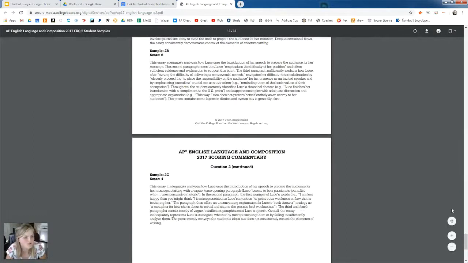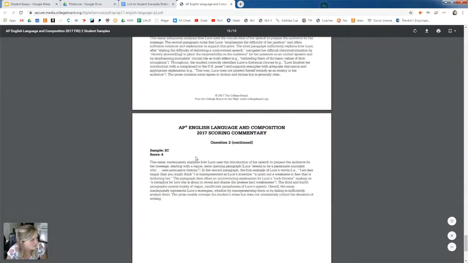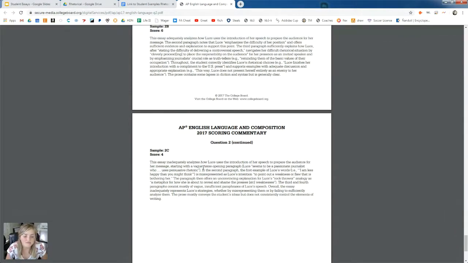So for those of you not familiar with last year's rubrics, this is not quite passing. Let's see why. "This essay inadequately analyzes how Luce uses the introduction of her speech to prepare the audience for her message. Starting with a vague, terse opening paragraph, Luce seems to be a passionate journalist who uses persuasive rhetoric." And that's what I was saying, all those things are true, but it's merely a summary.